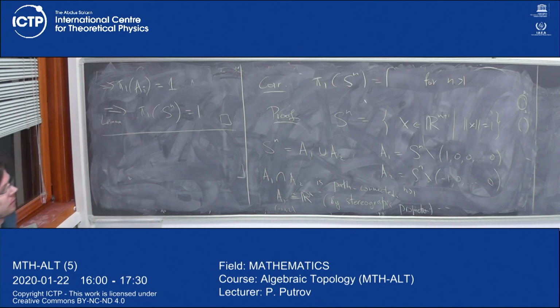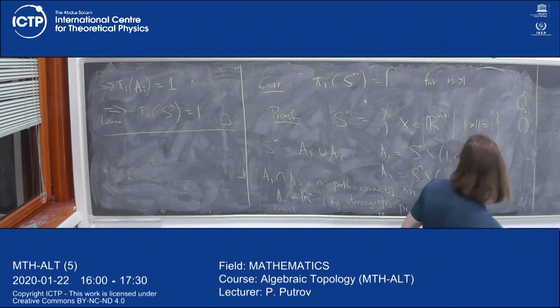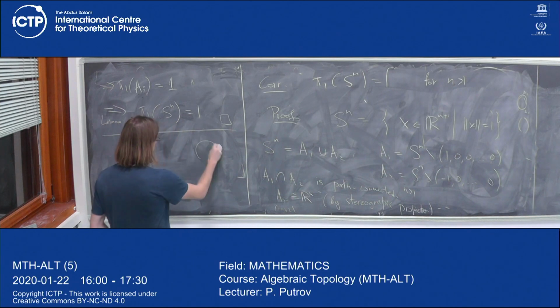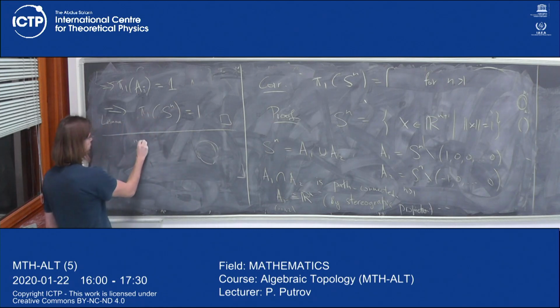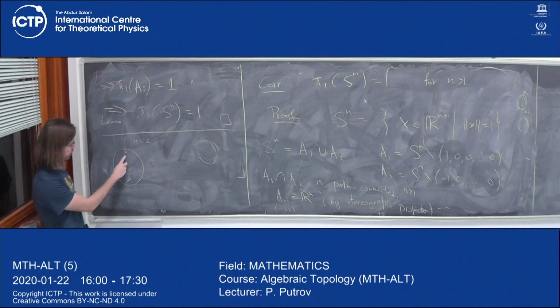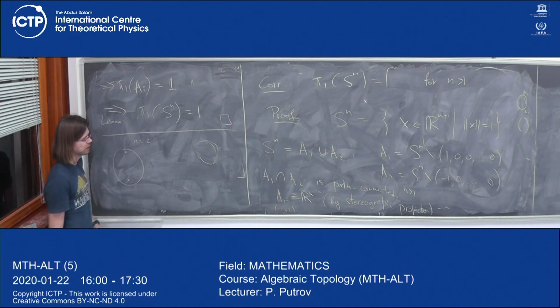Geometrically, I don't see how, if we remove 2 points from S2, for example, and we take the equator, then... Well, let's consider n equals 2. So you have S2 looks something like this. Indeed, in A1 you remove the north pole, in A2 you remove the south pole.